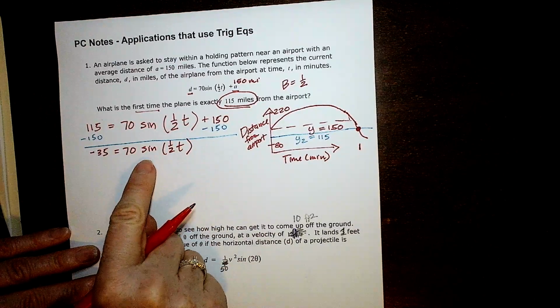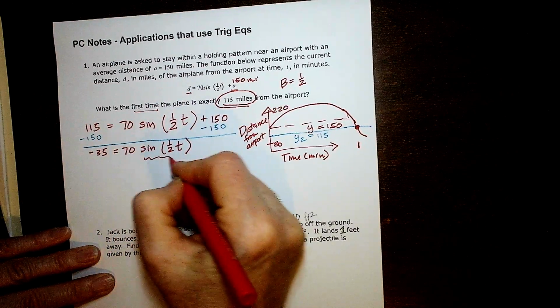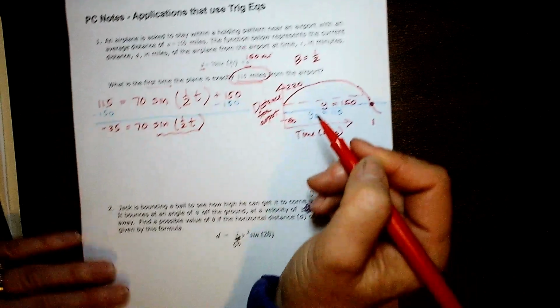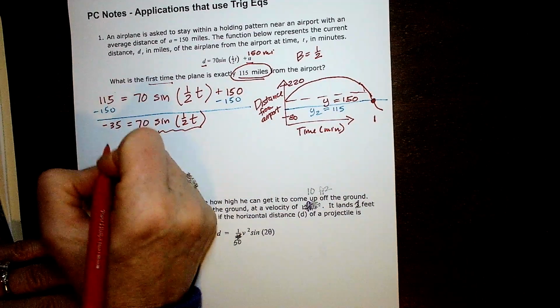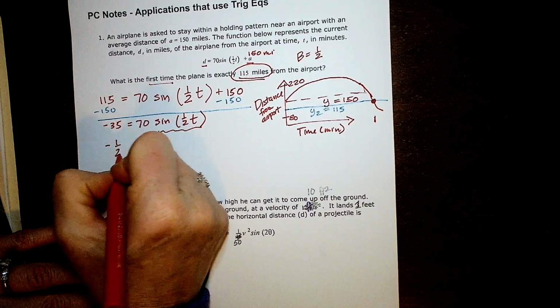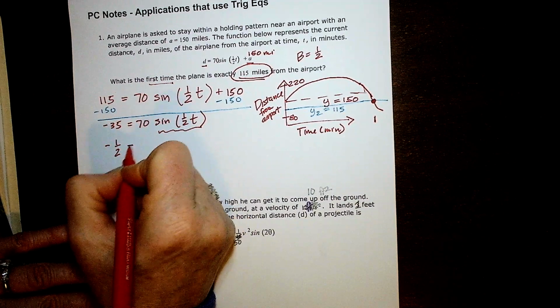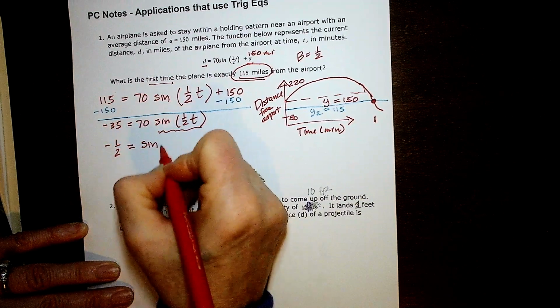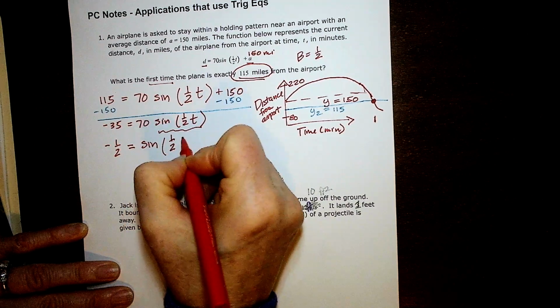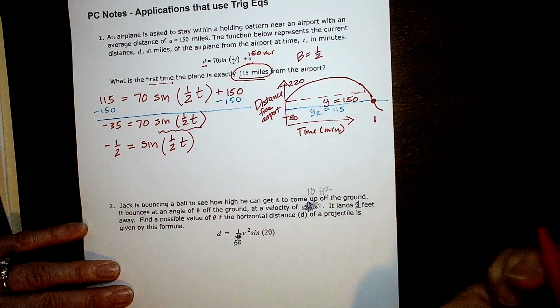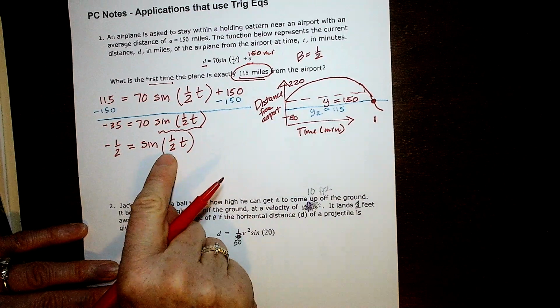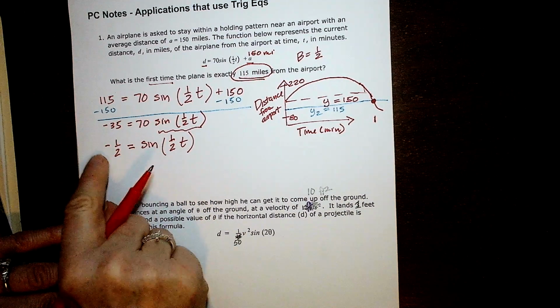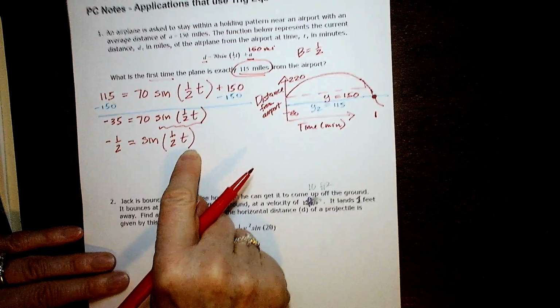Now notice what I'm doing. I am isolating the trig expression. That's where I'm going with this. Now I'm going to divide by 70, and I'm going to get negative 1/2. Negative 35 divided by 70 equals the sine of 1/2 theta. So I have a multiple angle problem, and now I have isolated. And now I'm going to evaluate from my understanding of the unit circle.